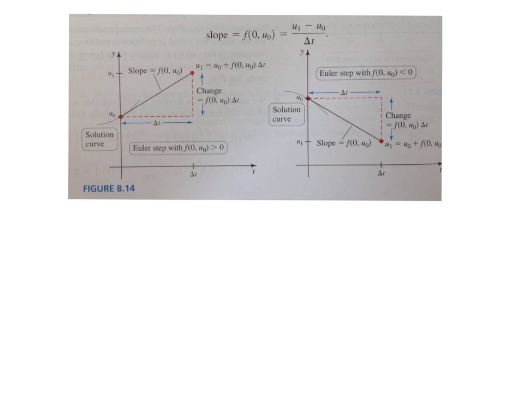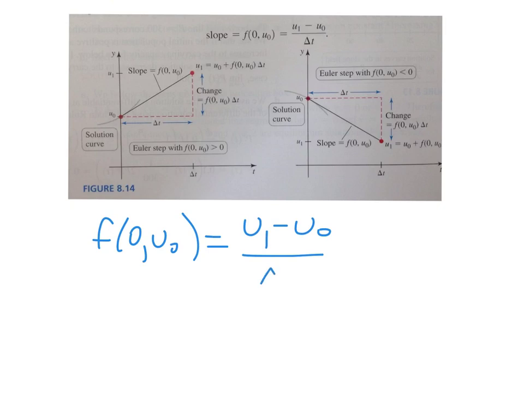So what we have right now is this derivative. Remember, derivative is just a slope. And we already know our initial value. These are initial value problems. So we already know this one, and now we want to know what this one is.